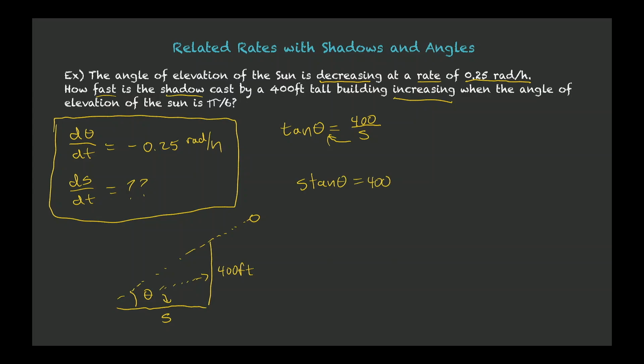Then to avoid a product rule, I'll divide both sides by tangent. We get s is equal to 400 over tangent. The nice thing about having tangent in the denominator is that it just turns into the reciprocal of tangent, which is another trig function, and we know that is cotangent. So there is a relationship between the length of the shadow s and the angle theta of elevation.